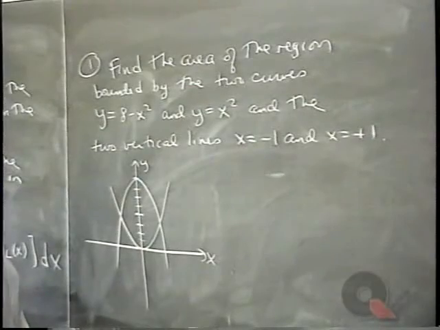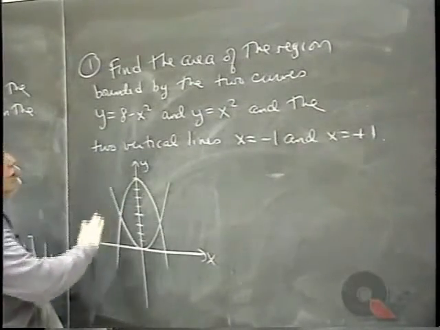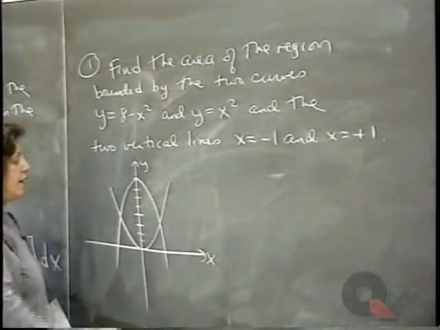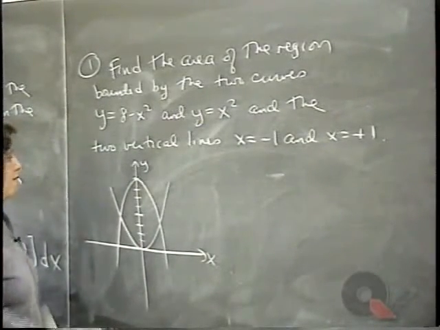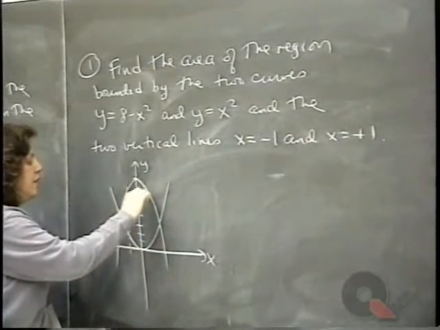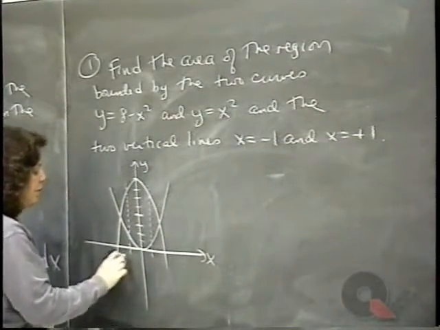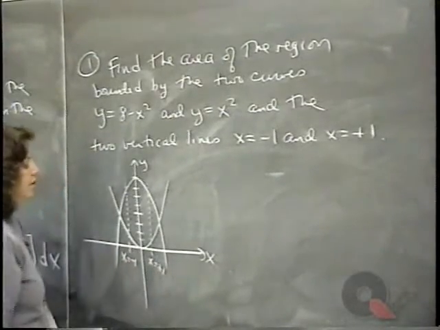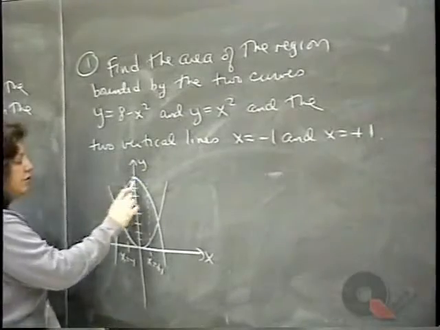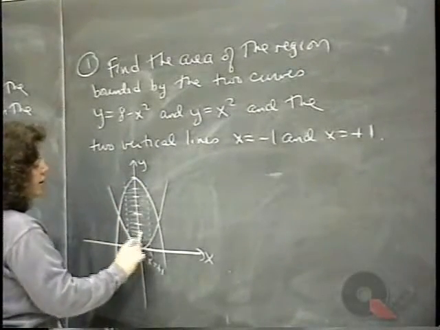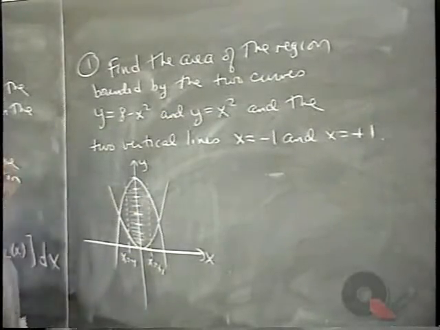We want to find the area bounded by these two curves and the two vertical lines, x equals -1 and x equals +1. X equals -1 looks like this. X equals +1 looks like this. And this is the region that we're talking about. Now, this is an exact example of what we just set up in general.